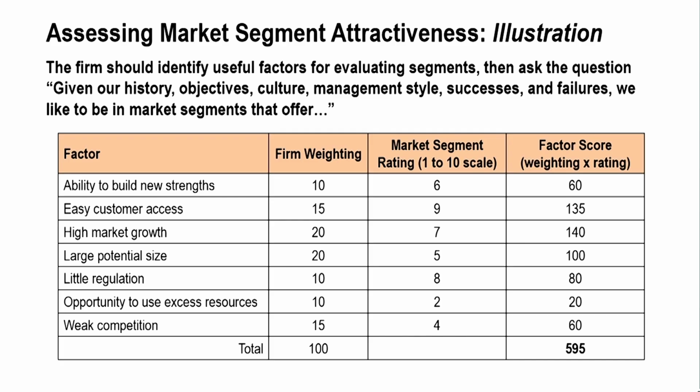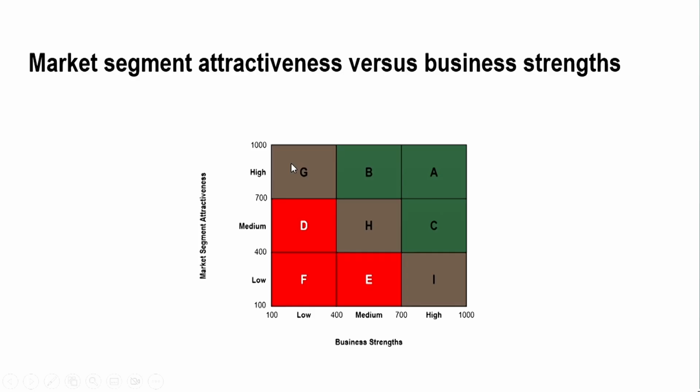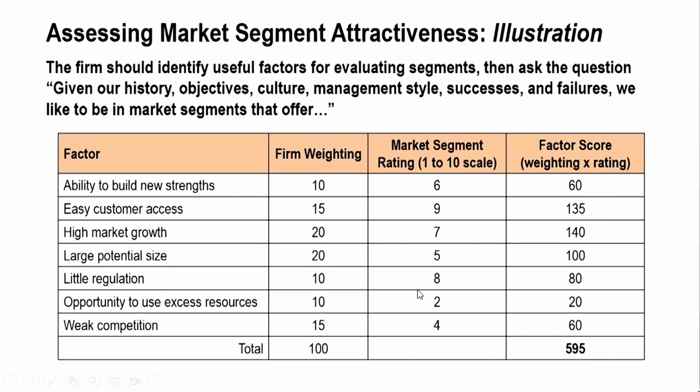Now, this is actually a quantitative way. If you compare this with the previous diagram, then which segments will be in the red or which segments will be in the green? Another way of determining that is with respect to this factor and weight combined with market segment rating.